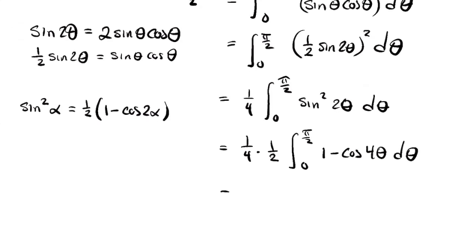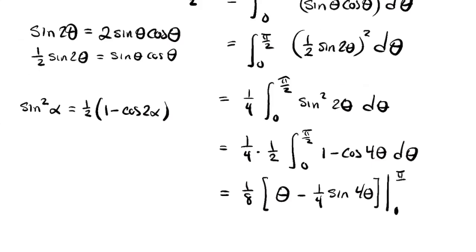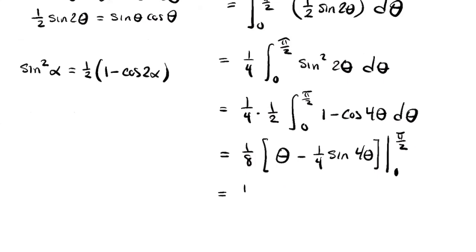Nice. Okay, so I've got 1/2 times 1/4 is an eighth. Now I'm integrating. Antiderivative of 1 is theta. The antiderivative of cosine 4 theta is 1/4 the sine of 4 theta. Okay, and I'm going to integrate that from 0 to pi over 2. Great. So 1/8, plug in pi over 2 for theta, subtract.